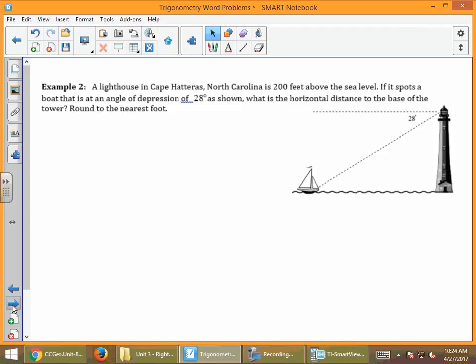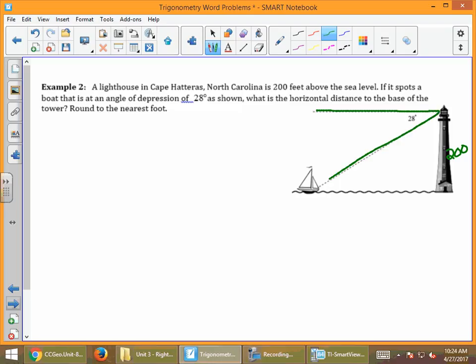Well, I'm first going to label everything they gave us. So they said the lighthouse is 200 feet above sea level. I'm going to label that 200. It already drew in the angle of depression for us, this guy right here. They said it's 28 degrees, and we know it's the angle of depression because when we do that arrow test, we go from horizontal to slanted.